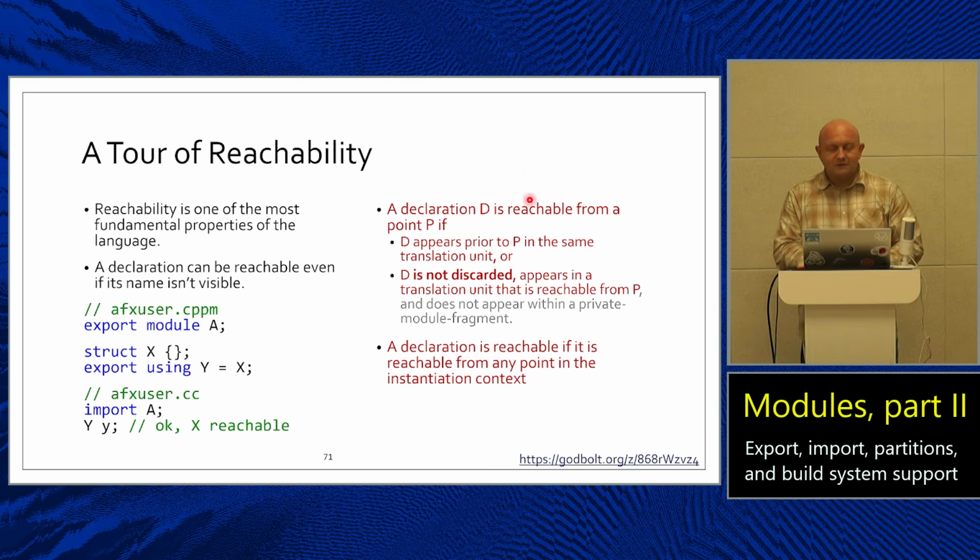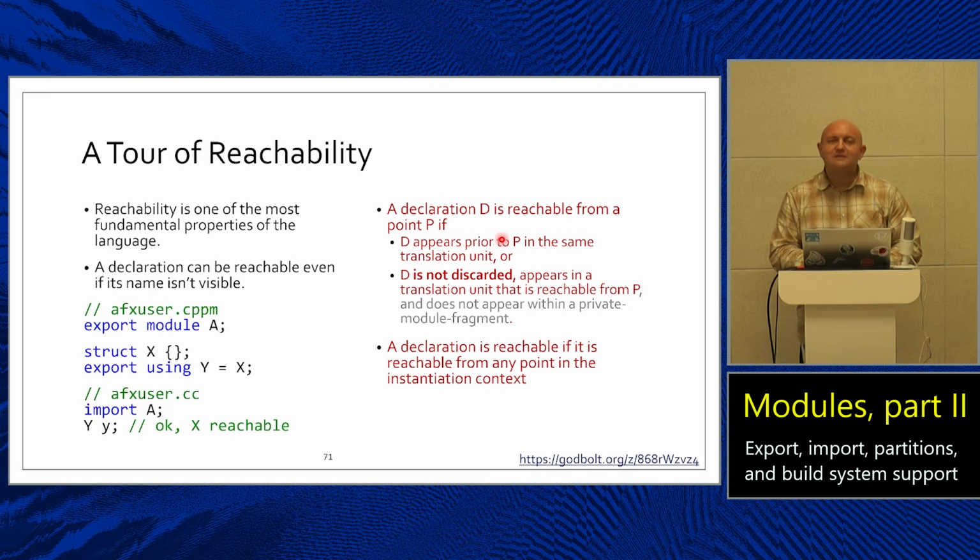Formally speaking, and this is a huge excerpt from the language standard, a declaration D is reachable from a point P if it appears prior to P in the same translation unit, or if it appears in another translation unit that is reachable from P and is not discarded.